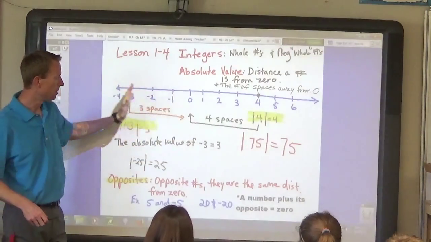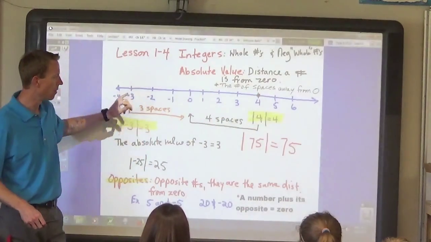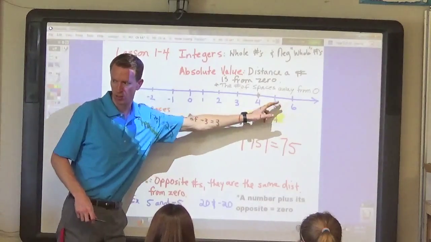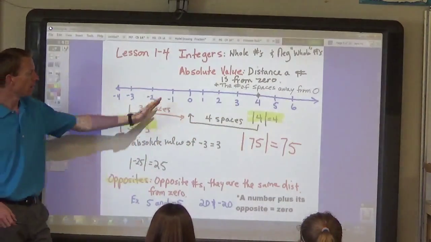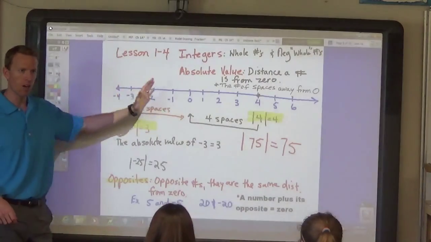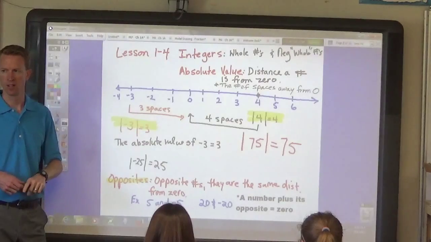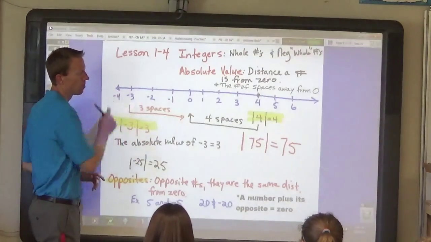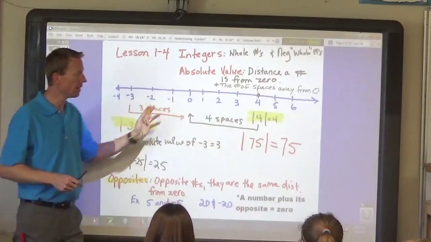Look at this number line. It lists the whole numbers going to the right of 0: 1, 2, 3, 4, and so on. Then, to the left of 0 are the negative whole numbers. So, each of these are integers. All of these numbers that are listed up here are integers.